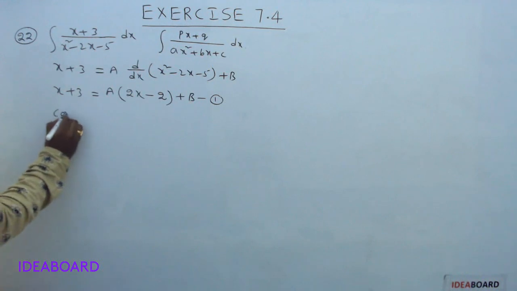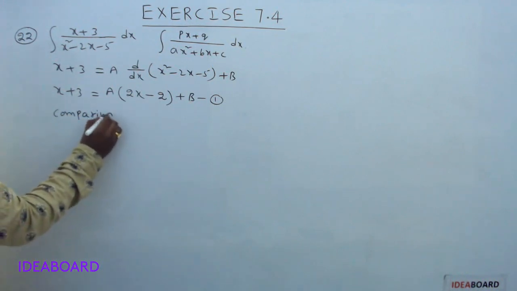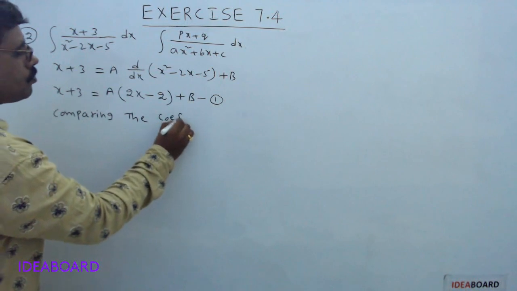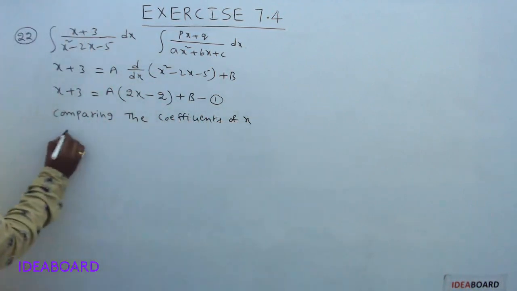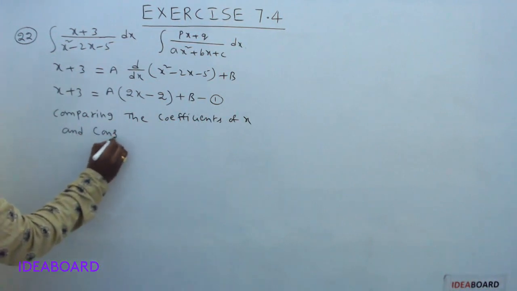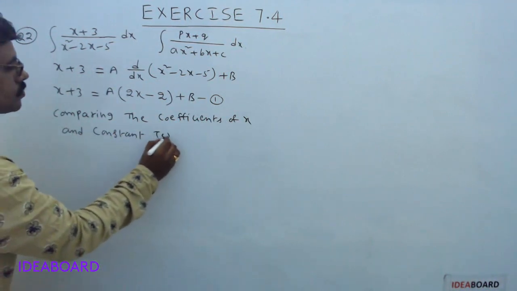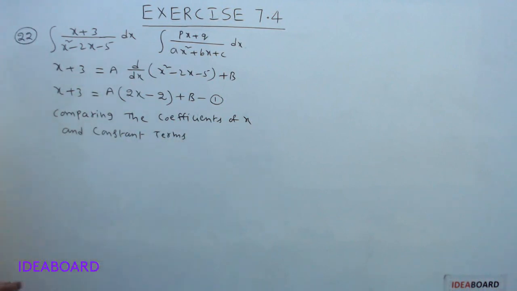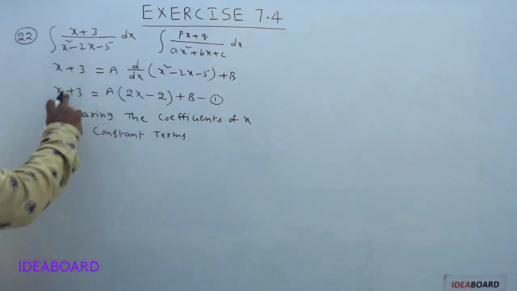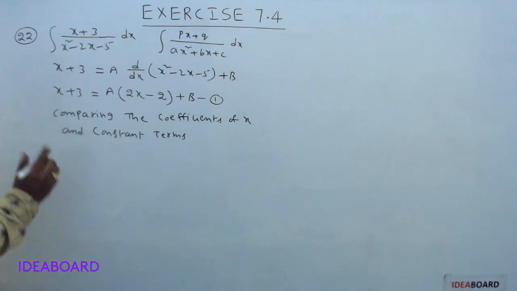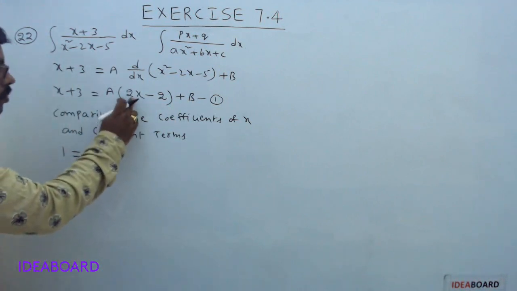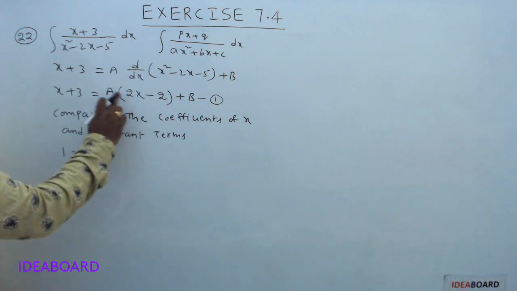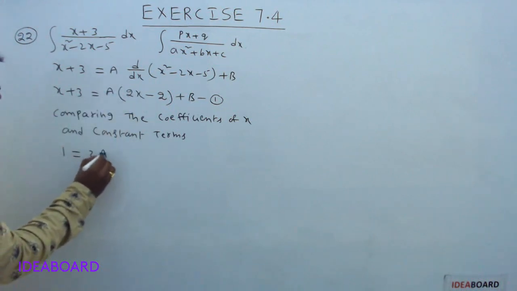Now comparing the coefficients of x and constant terms. Now comparing the coefficient of x on both sides. Here x coefficient value in the LHS part is 1, x coefficient in the right hand side is 2 multiplied by a, that is 2a.